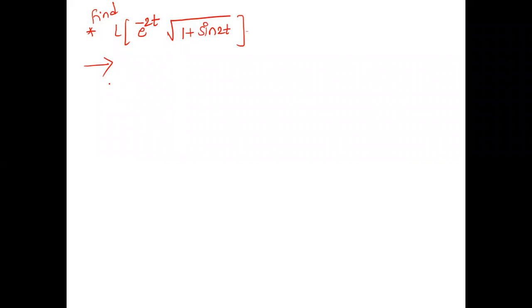Yes. Right. So you will first consider Laplace of that except e, the remaining part, root 1 plus sine 2t. You will try to solve it and whatever answer comes, you will replace by s plus 2 by first shift. Okay, you have to solve that. How will you do that?